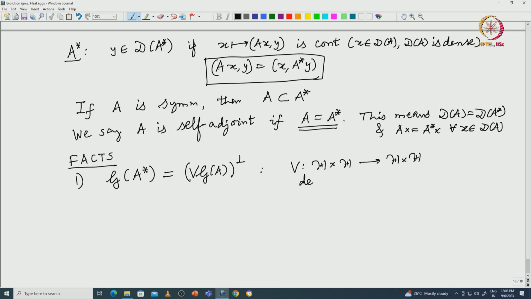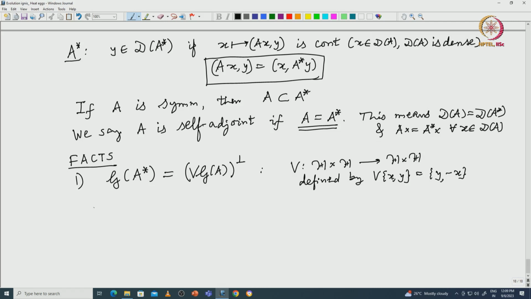Defined by V of, so if you take any pair x, y, you just take y minus x. There are other definitions, but this is the simplest one. Okay. So, and this is the orthogonal complement. So, the orthogonal complement of any subset of a Hilbert space is always closed.